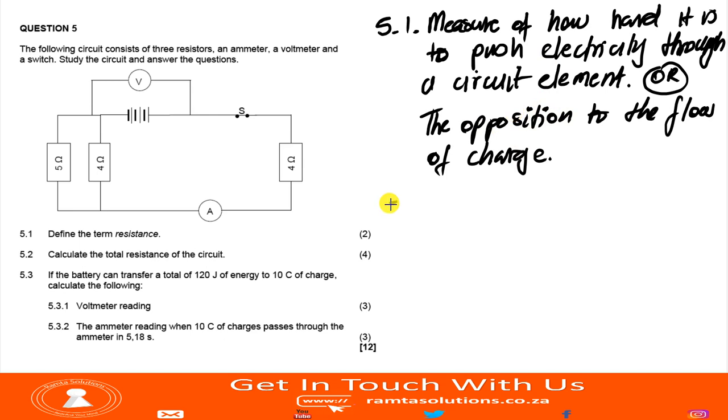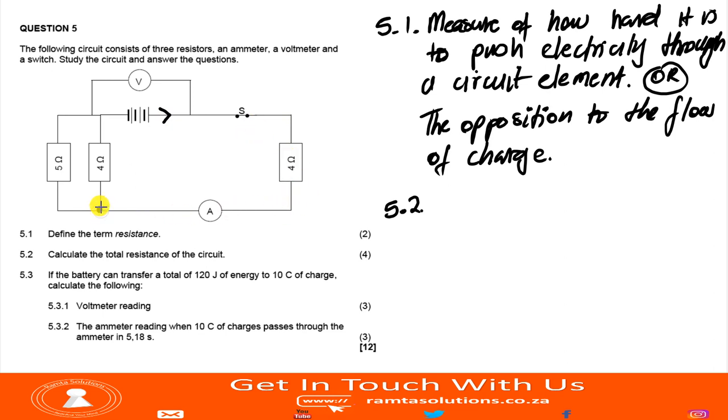Now 5.2 says, calculate the total resistance of the circuit. Remember, when you begin your electric circuit calculations, always draw an outward arrow from the positive terminal. Here is the positive terminal, the long thin one. Current flows in this direction and meets a resistor here, in series.